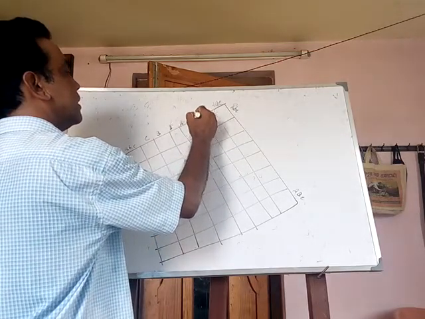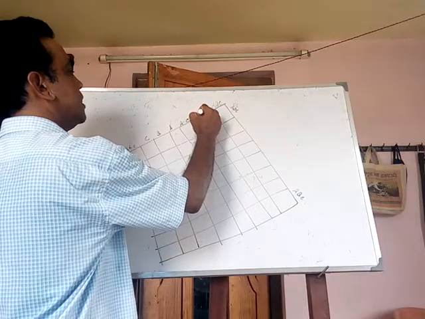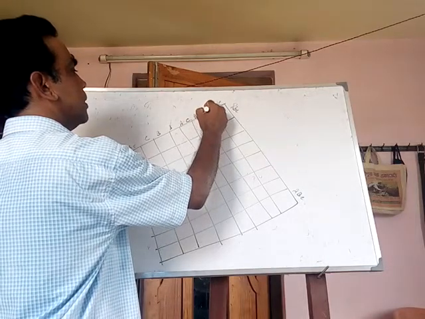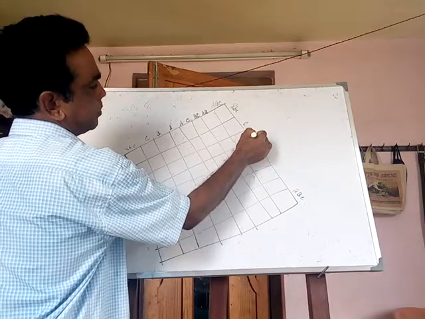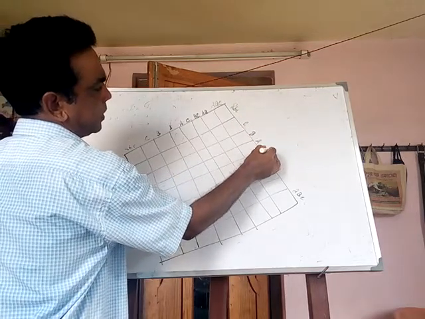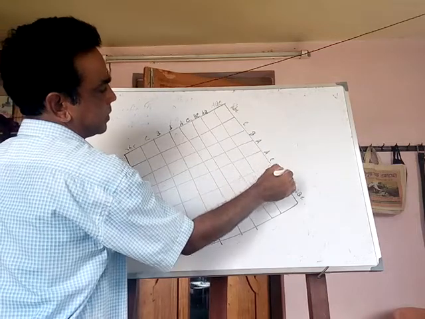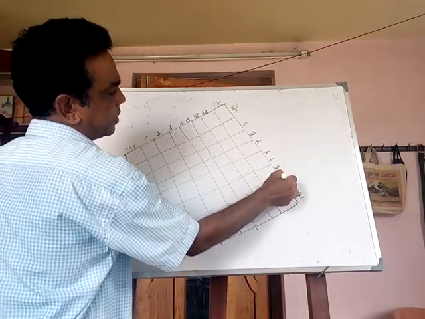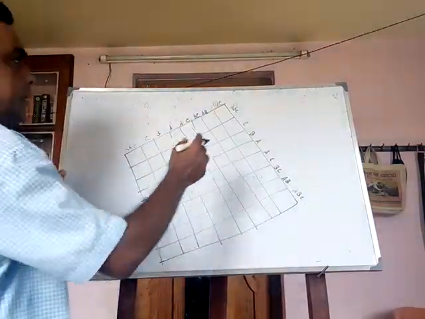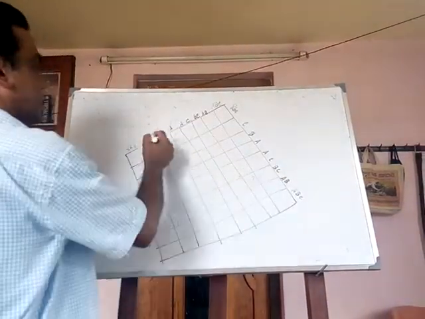AC, BC, AB, C, B, A, AC, BC, AB. Only capital letters are right here.